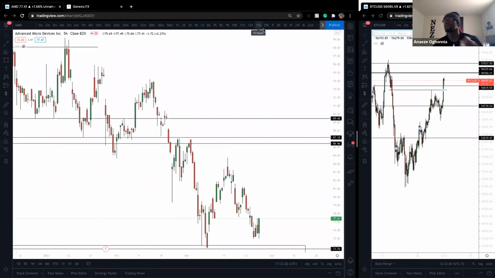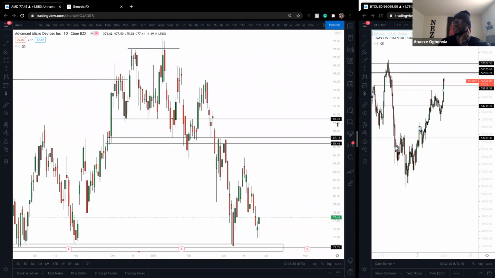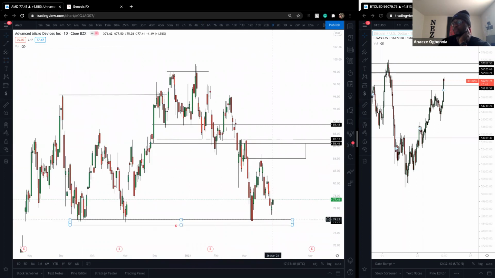What I can tell you is that this was the reason for the bullish up movement. As you can see, a wick entry right there, which is why price rose up. And then we are currently free falling.